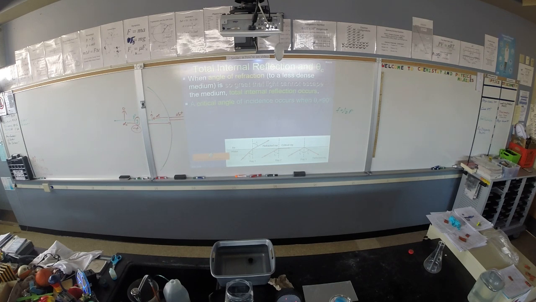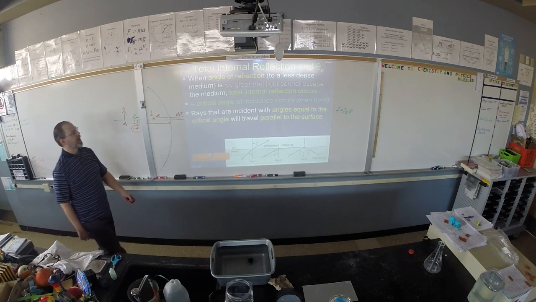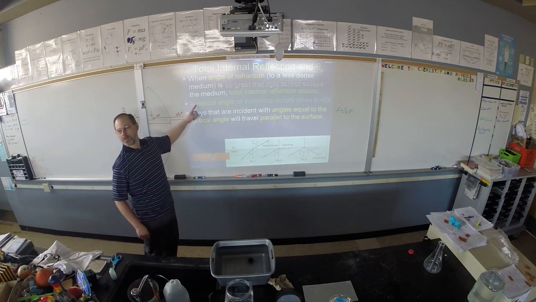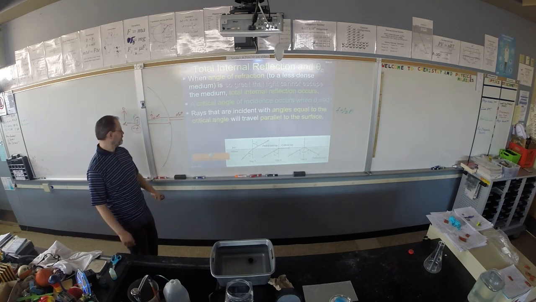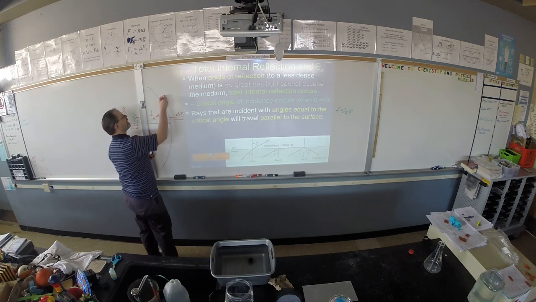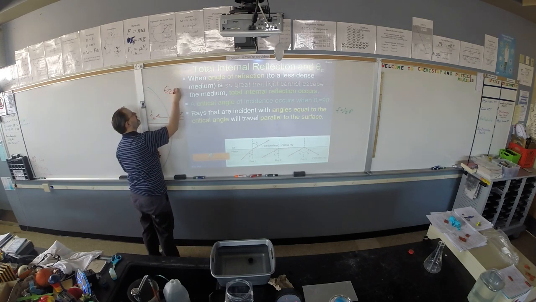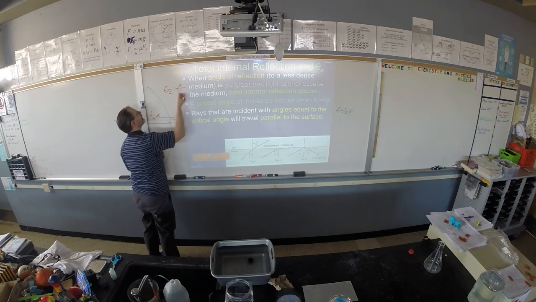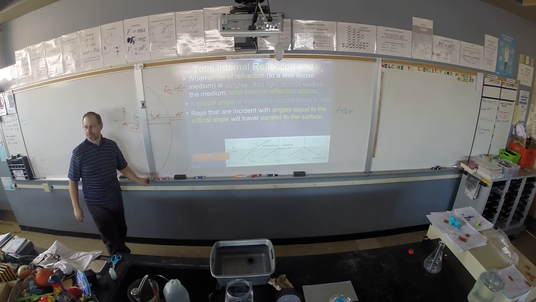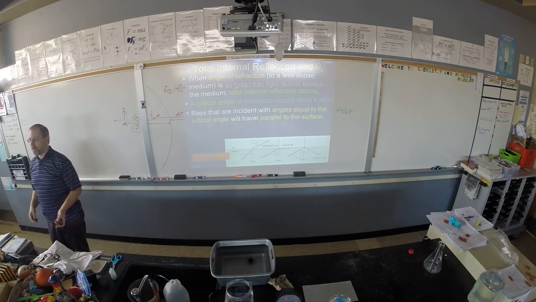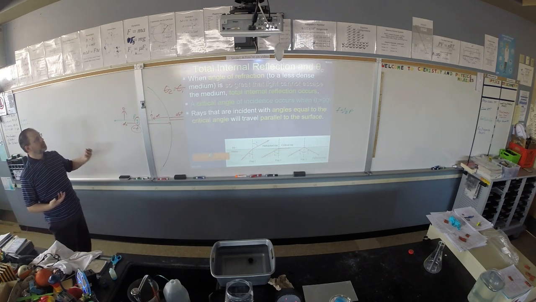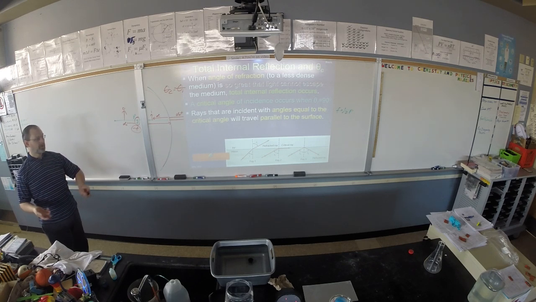Okay. So the angle of incidence that would cause an angle of refraction to be 90 is called the critical angle. Sometimes it's just given as theta C. Theta I that would cause total internal reflection, that would cause a theta R of 90 or larger, is called the critical angle.